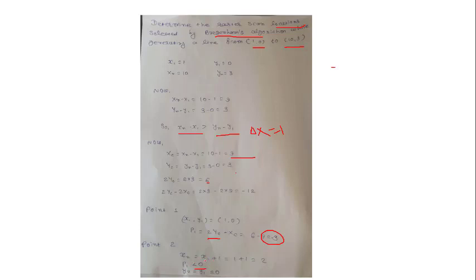So x2 is equal to x1 plus 1 is 1 plus 1 is equal to 2. Now for y we just use the decision variable. Here p1 is less than 0, or negative, so y2 is equal to y1, and y1 is 0, so y2 will be 0. So our next point x2, y2 is 2 and 0.